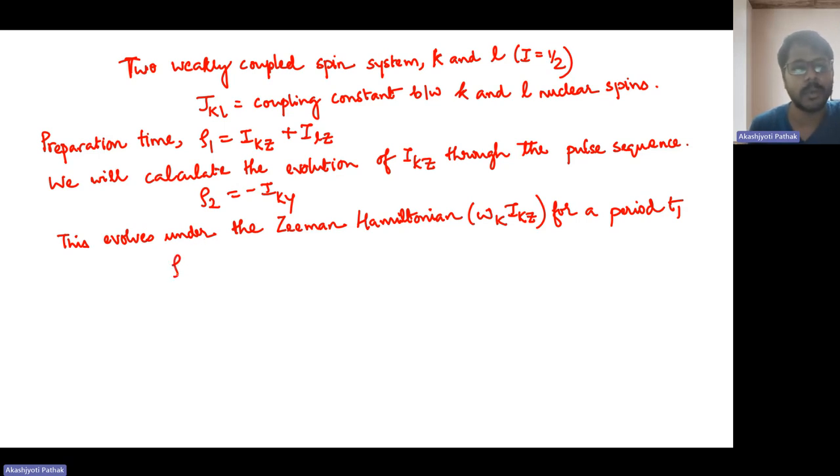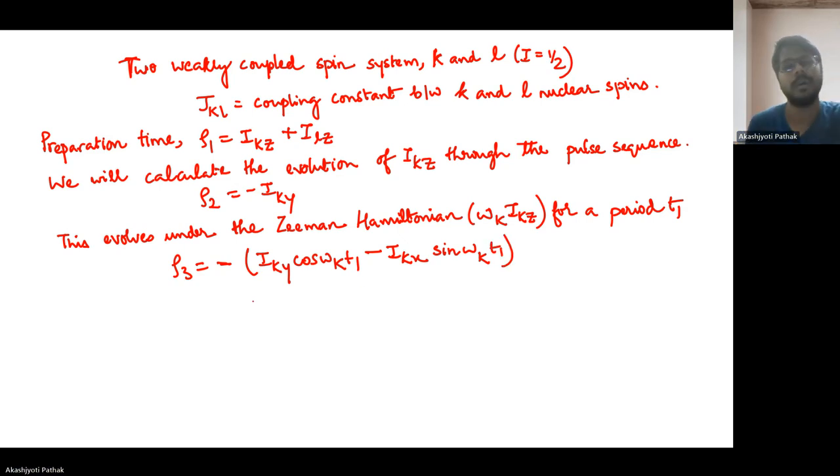Rho 3 is the density operator after time point 3 in the pulse sequence, and you can write it as minus IKY cos omega k t1 minus IKX sine omega k t1.